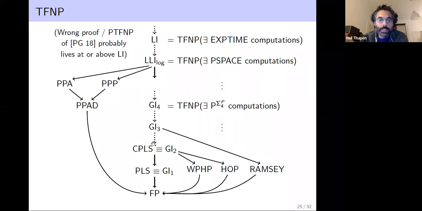This can be a little bit confusing at times because, further down at this level, you're already talking about P to the NP machines. So given any TFNP problem, you can solve it with a P to the NP machine just by searching for solutions.